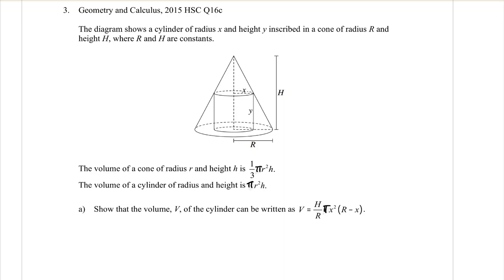So a lot of the time they give you the volume formulas, which is good. You might have forgotten them. And we have our volume of a cylinder. We've used that at least 3 times today, pi r squared h. Show that the volume of the cylinder can be written as V equals that very lovely equation right there. So again, we're looking at what letters do I need in my equation and what have I got in my diagram that I can use.